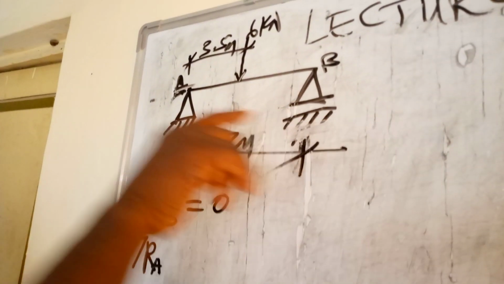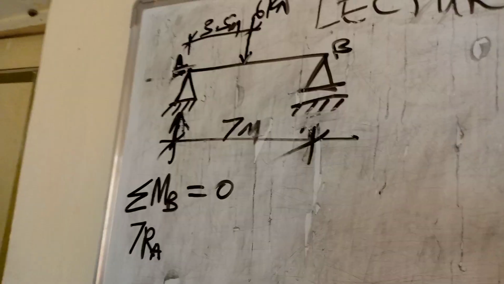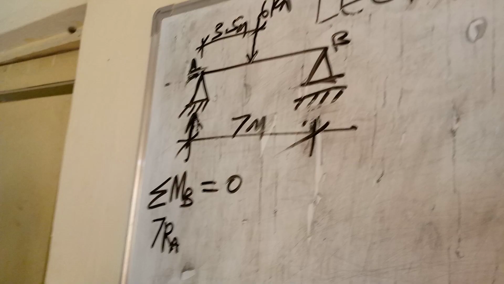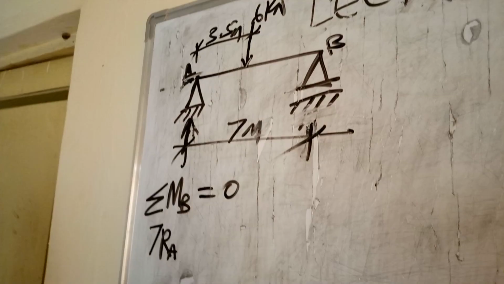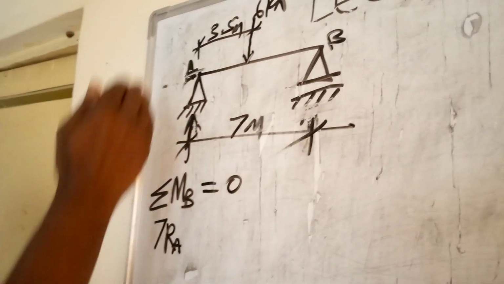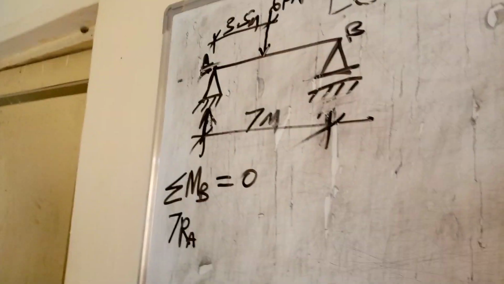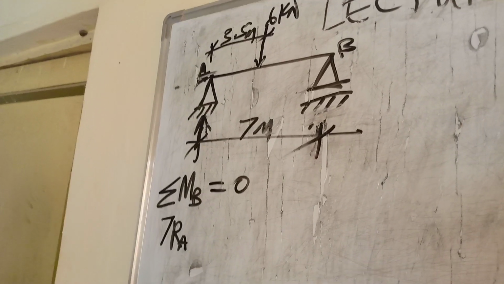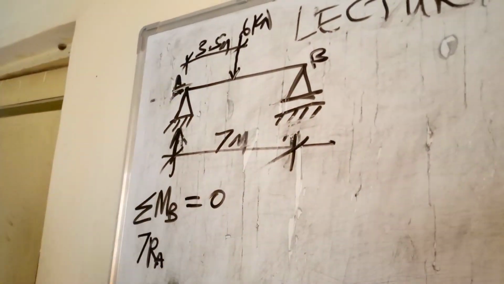So if it's turning this way and I decide to call it positive, that means any other one turning against it is negative. If it's turning this way, I say it's positive. Any other one turning against it is negative. If it's turning this way and I decide to say it's negative, that means any other one turning against it is positive. So in this case, I decided that this way of turning is positive.